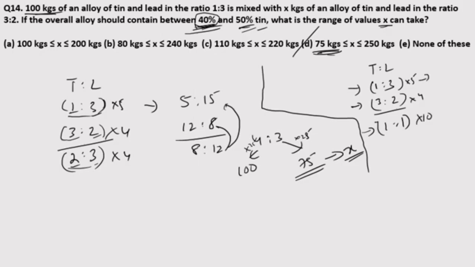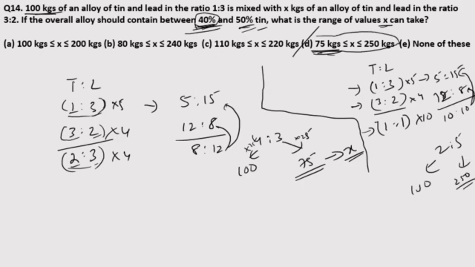The new ratio becomes 5 is to 15, 12 is to 8, and 10 is to 10. So 10 minus 8 is 2, and 10 minus 5 is 5. So 2 parts corresponds to 100, so 5 parts will correspond to 250. So the range has to be 75 to 250.